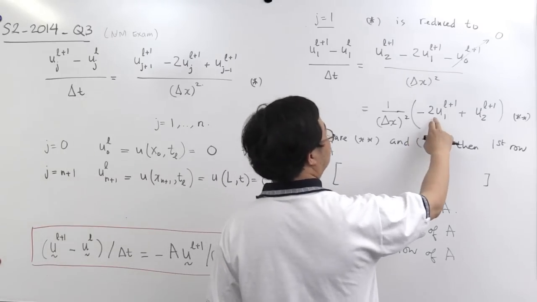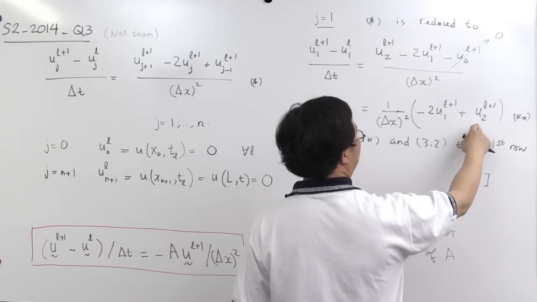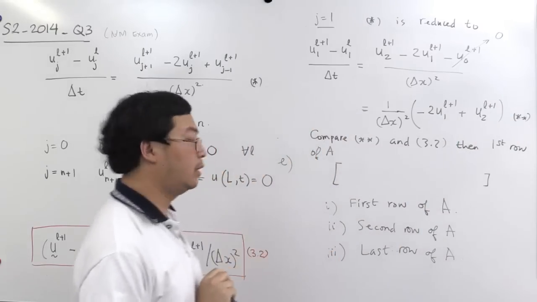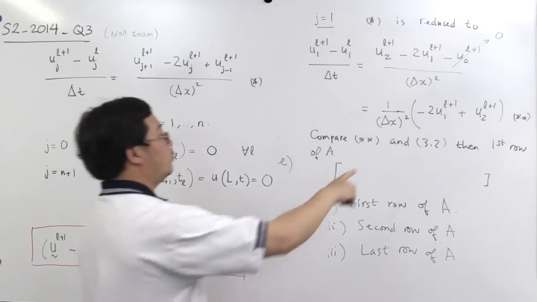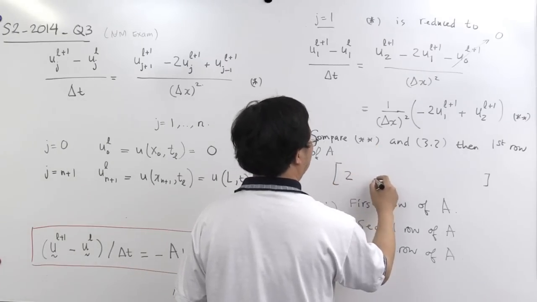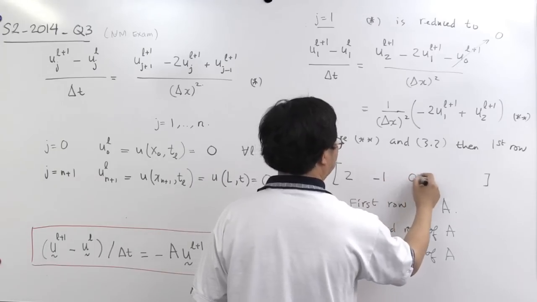Here you see only u_1 and u_2, so the rest is equal 0. Because we have a minus here, we take only 2 here and then minus 1, and the rest is 0.